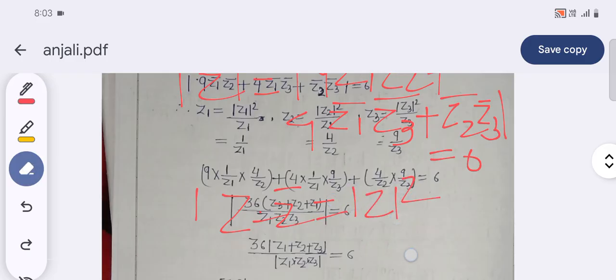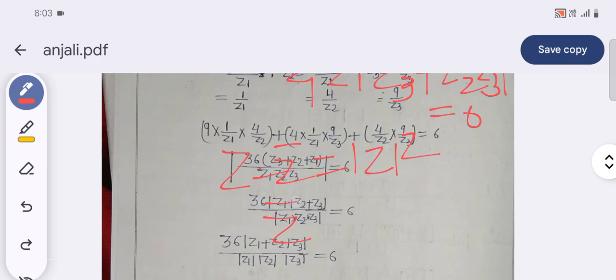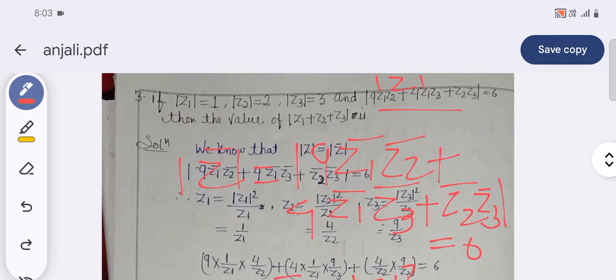So we can find out the value of z conjugate. Z conjugate is equal to mod of z square upon z. We will put the value of z in this equation.